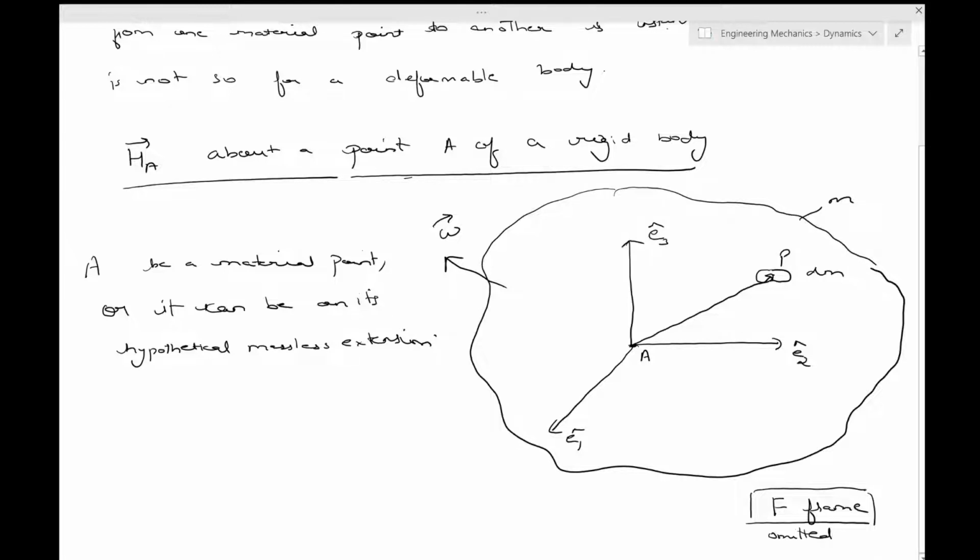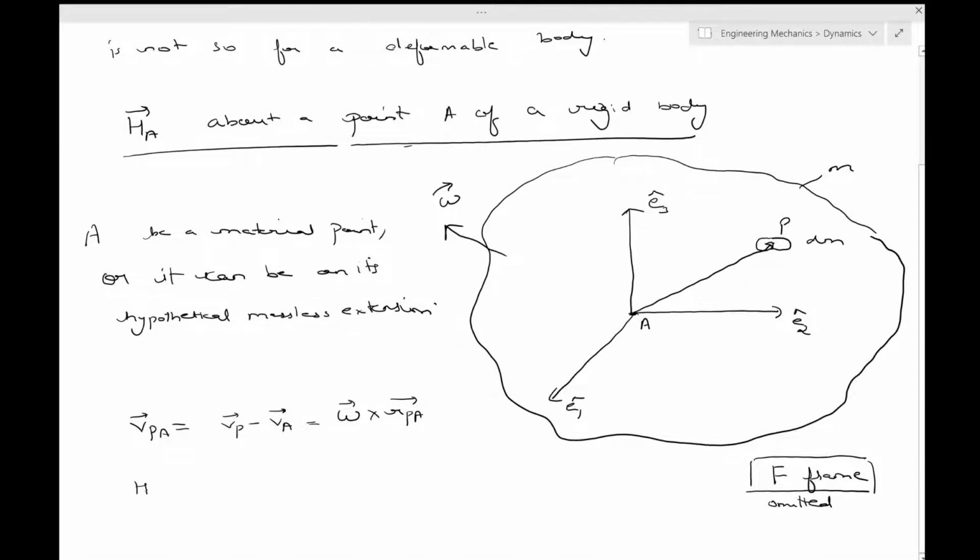Okay, now you have points P and A of this body. Let's write VPA is equal to VP minus VA. This can be written as omega cross RPA.